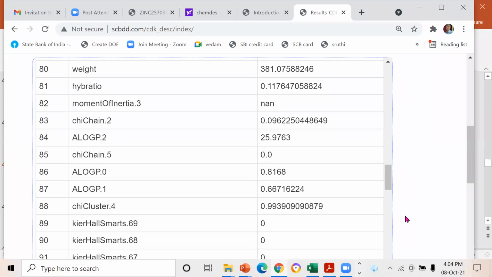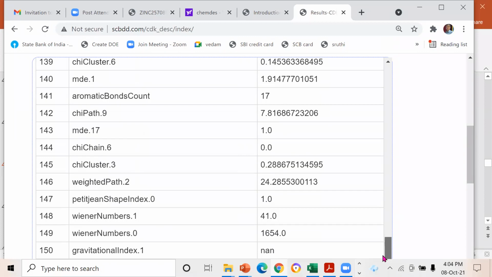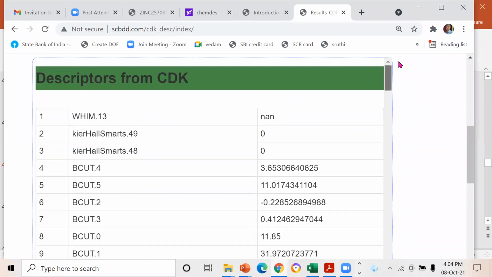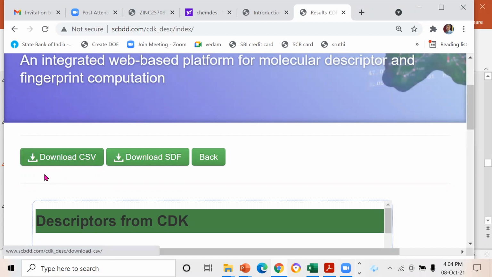Some log P and others are coming. Now you can download this data, download the CSV file.